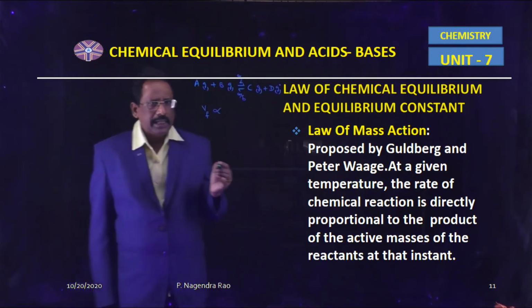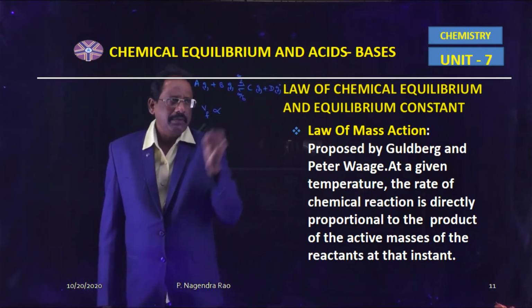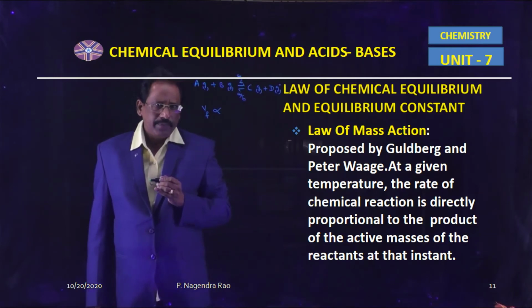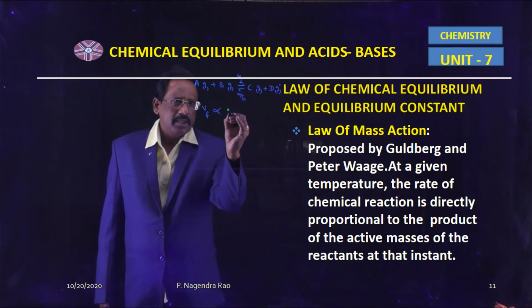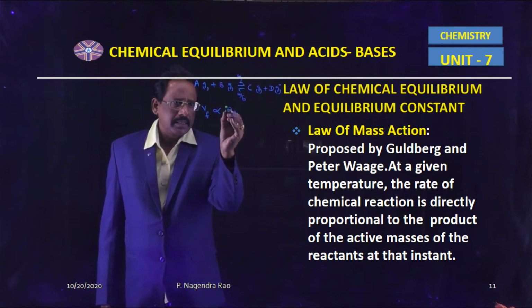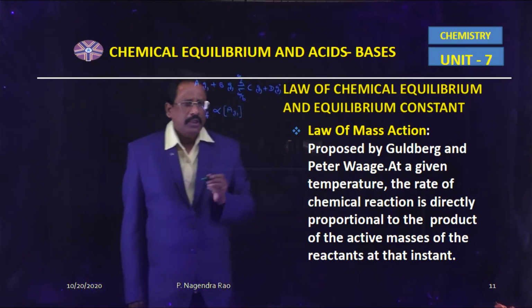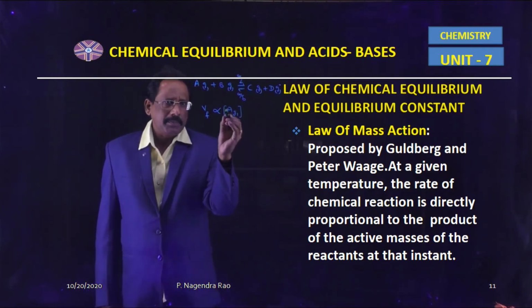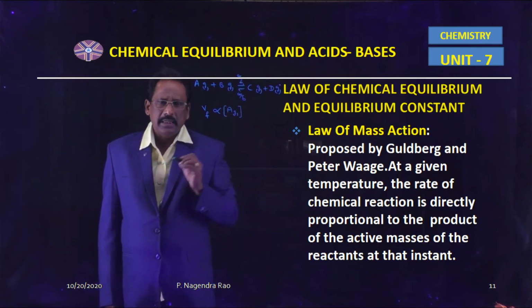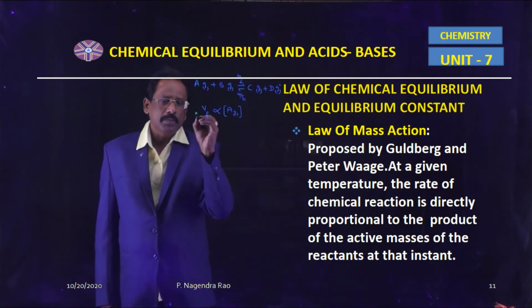In the forward reaction, reactants are A and B. Here, a very important point is that active mass is represented by square brackets. Remember that. That means the square bracket indicates this substance's concentration is expressed in terms of molarity, moles per liter.